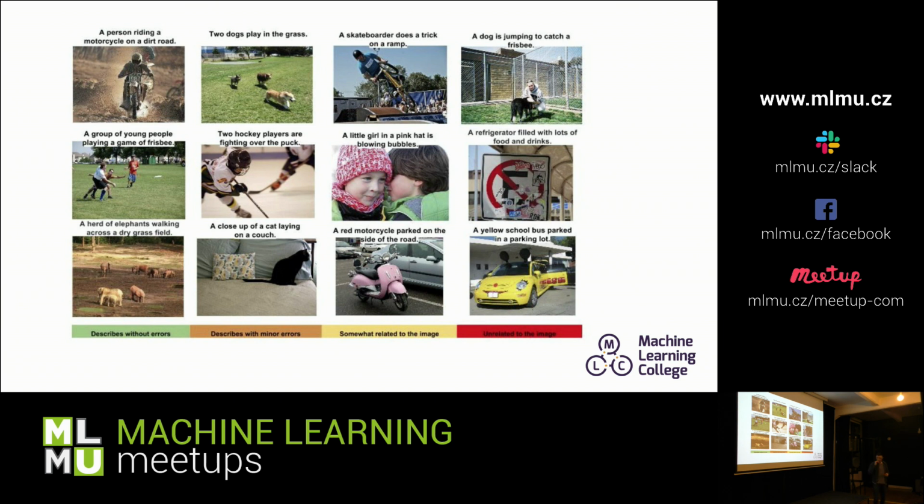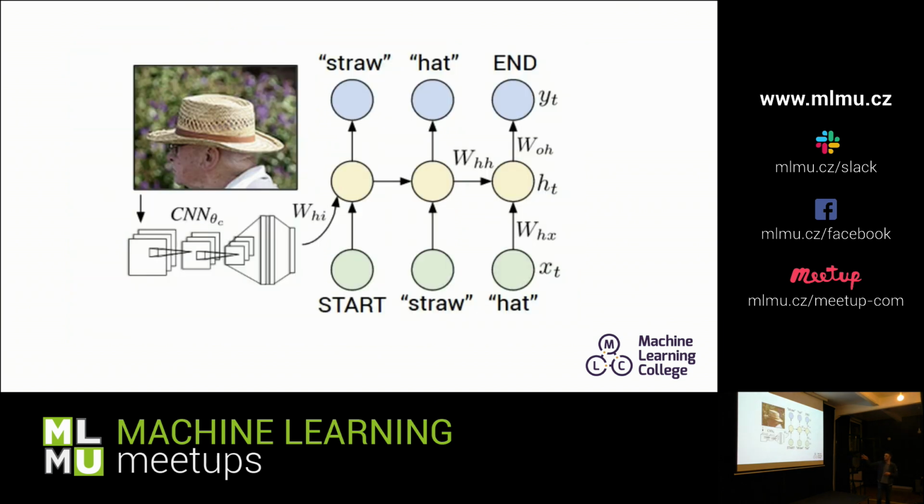The idea of how it works is actually pretty simple. You would use, again, a pre-trained convolution neural network to extract the embedding, this vector of information, and you will use it as seed information for a recurrent neural network, which Jirka already showed you how it works.